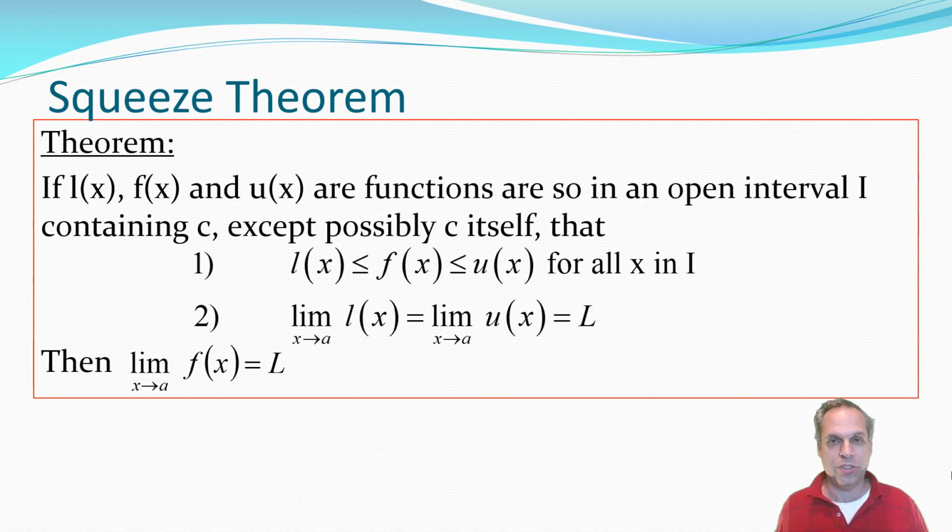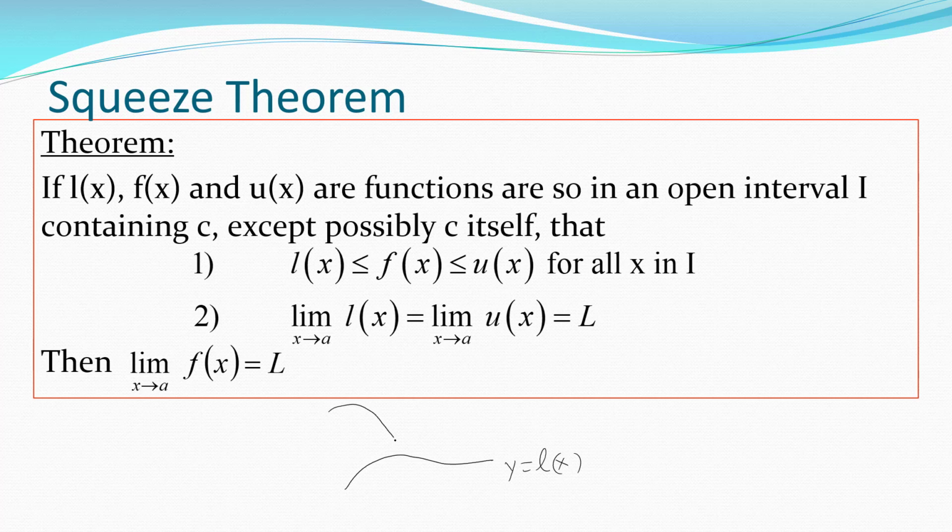Now, it's not hard to see why that would be true. If you look at the separate graphs, here is the graph, let's say, of y equals L of x. Here will be the graph of y equals U of x. And all I need to do is make sure that f of x is between them. And here's the graph of f of x. So you have y equals f of x.